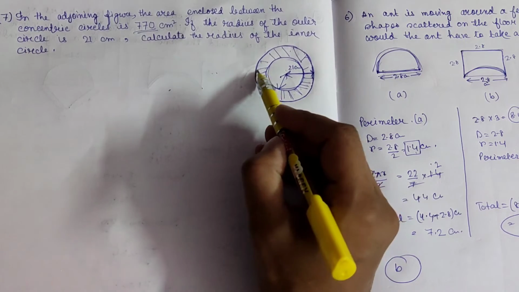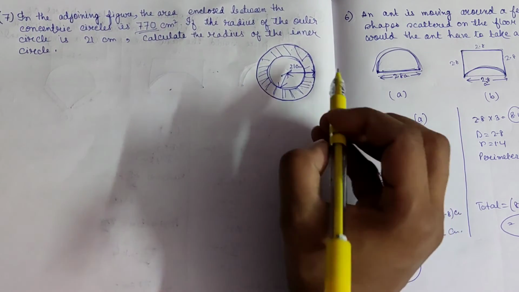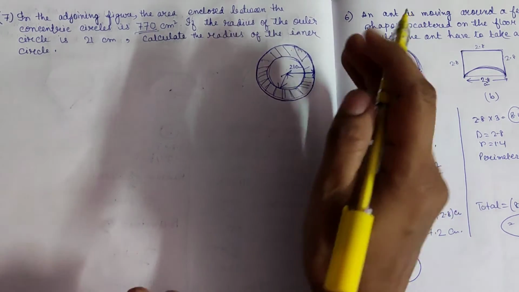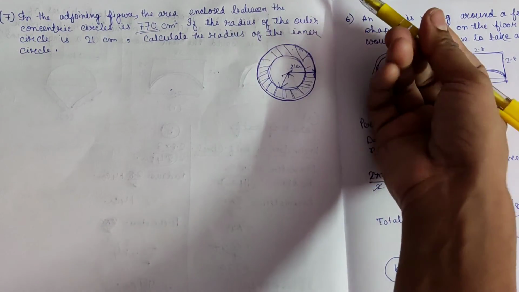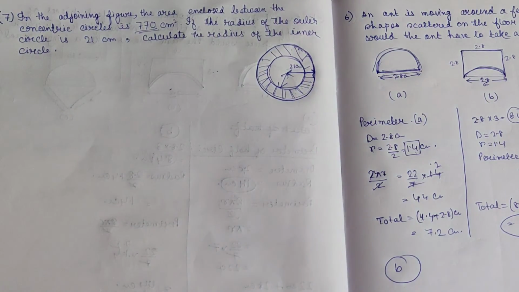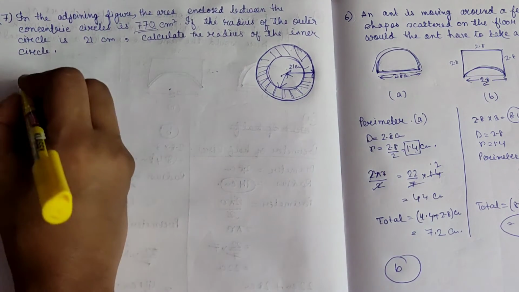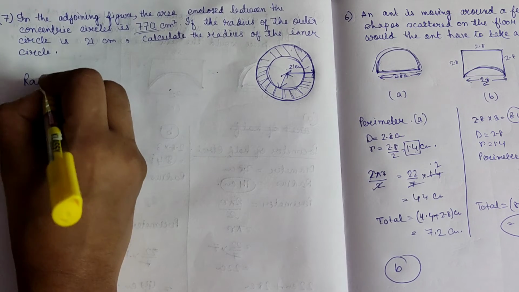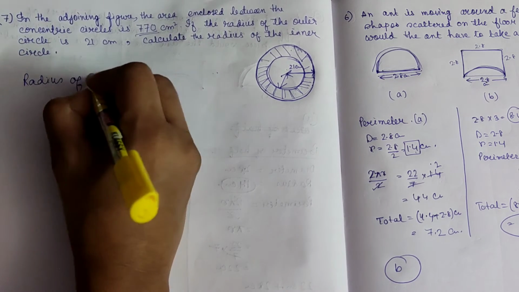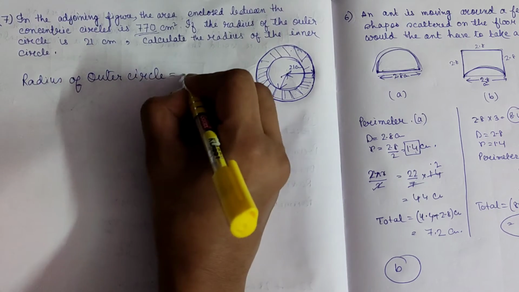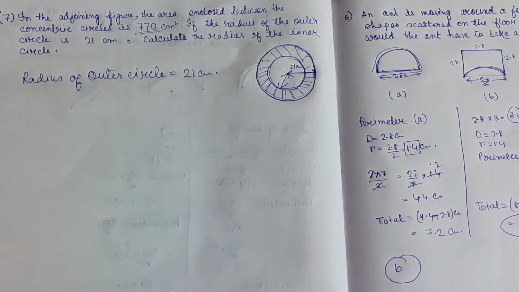How can we find out the area of a concentric circle? If I know the area of the outer circle and I subtract the area of the inner circle, we get the area of the concentric circle. The radius of the outer circle is already given, how much? 21 centimeter.